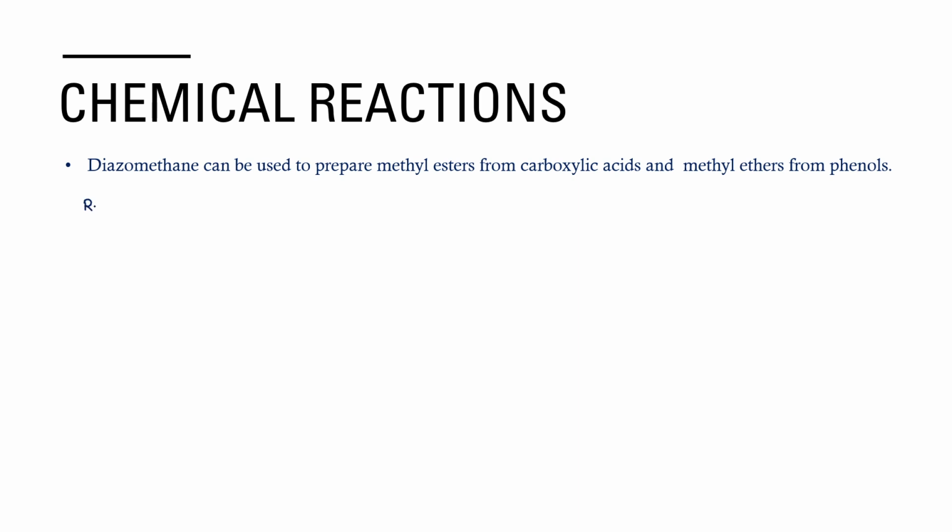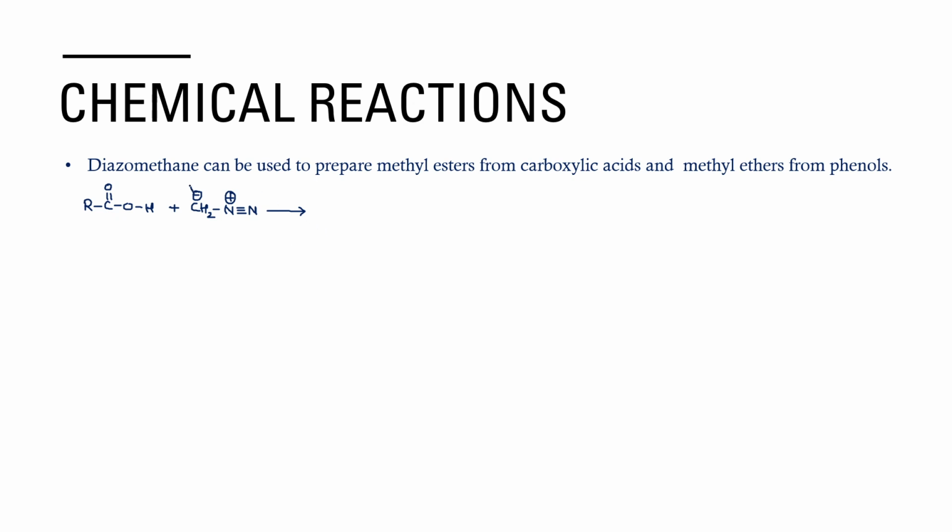So actually होती क्या है बात कि RC double bond O, OH is being made to react with diazomethane, CH2 minus and triple bond N, इसके ऊपर एक positive charge. This CH2 minus, सबसे पहला reaction एक acid base reaction होता है. Okay, the first reaction is an acid base reaction.